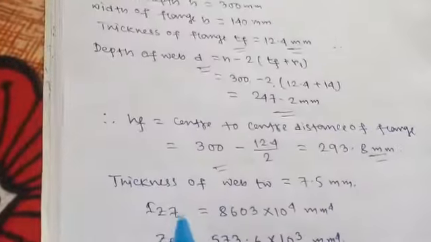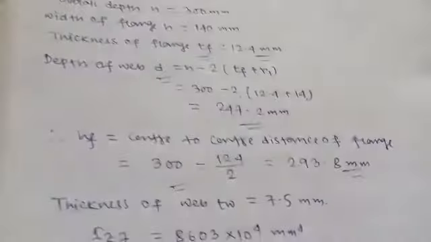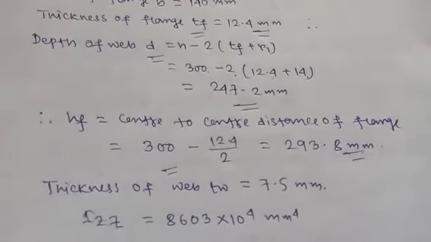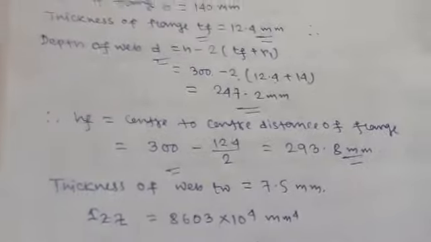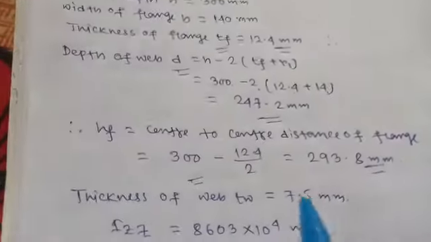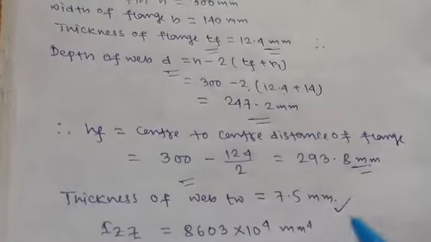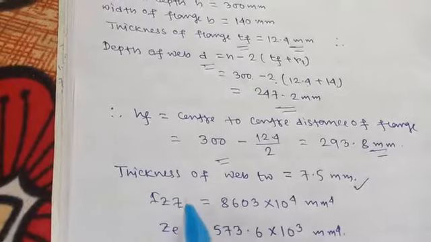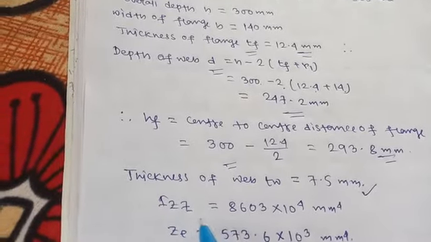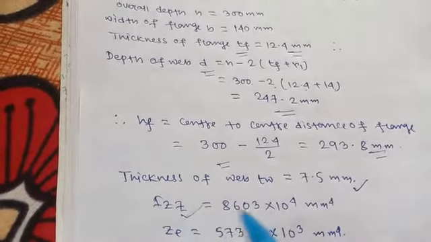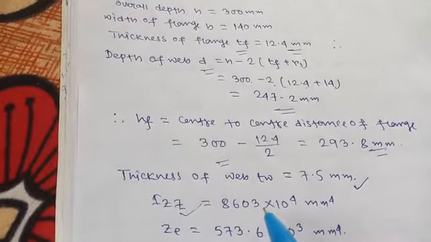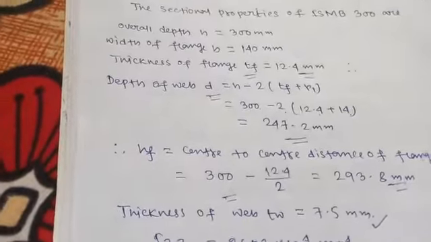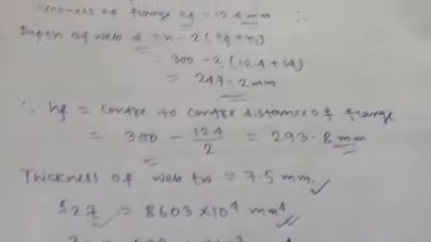Thickness of the web, that is tw, equal to 7.5 mm. The Izz, moment of inertia about the zz axis, is 8603 into 10 to the 4 mm to the power 4. Ze, what is Ze?